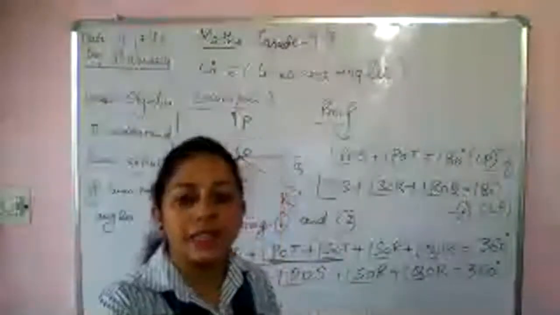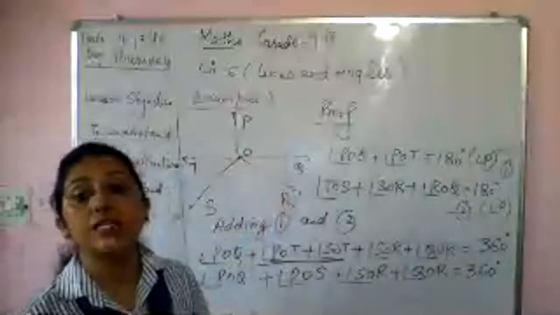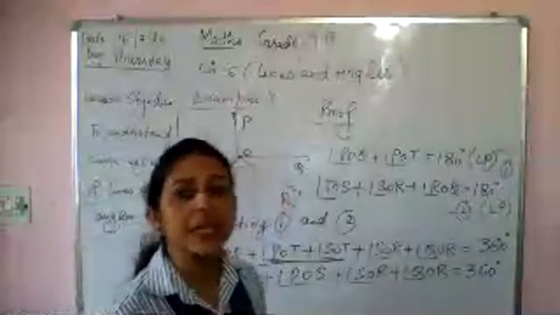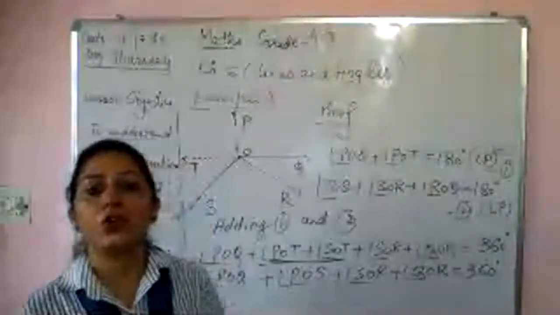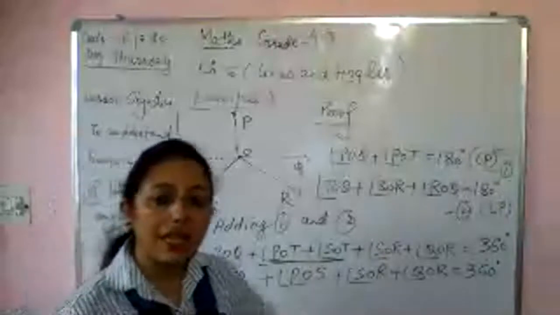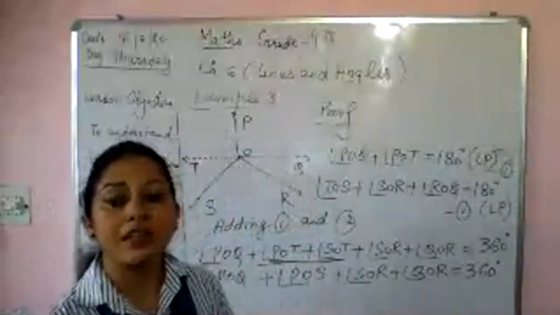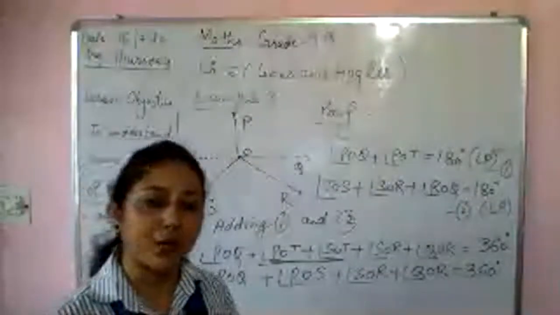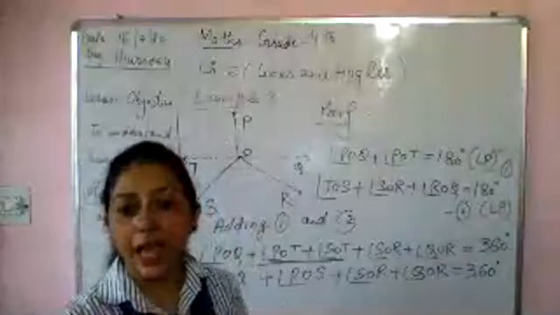So what are adjacent angles? Two angles are said to be adjacent angles if they have a common vertex, a common arm, and the two non-common arms lie on different sides, or opposite sides, of the common arm. So that is called adjacent angles.